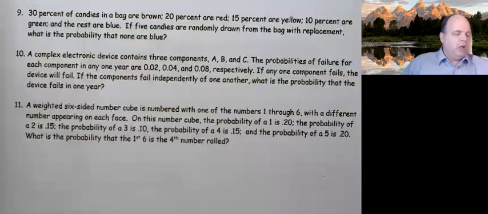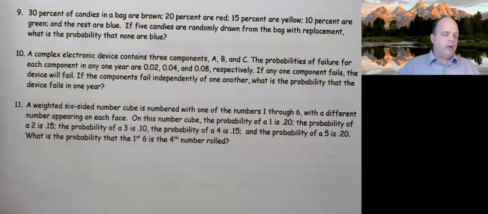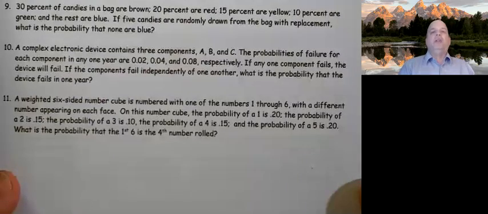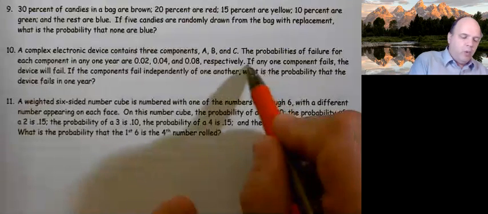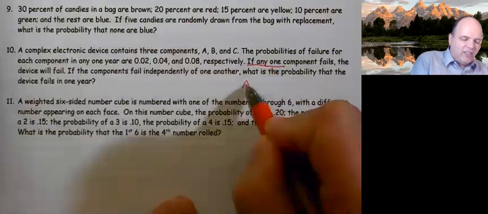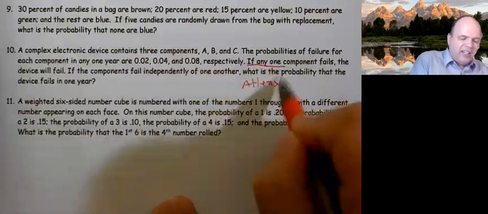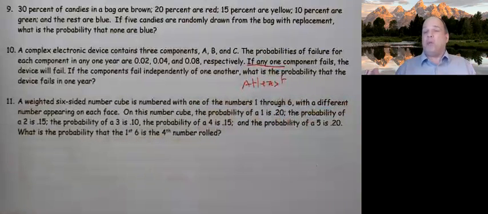Number 10. A complex electronic device contains 3 components, A, B, and C. The probabilities of failure for each component in any one year are 0.02, 0.04, and 0.08. If any one component fails, the device fails. So when I say if any one, that means at least. And as soon as I say at least, I start to think that I might be working with a complement.